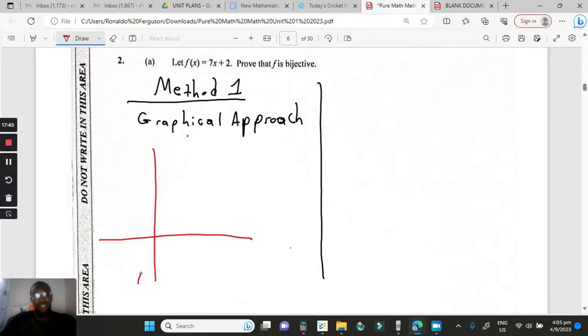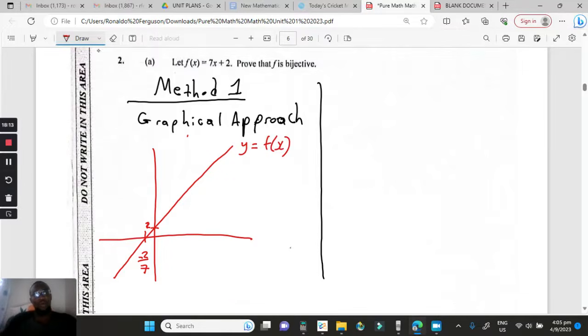So something like this. This is our 7. Since it's a sketch, let me make it less drawn to scale. So this right here is our negative 2 over 7. This right here is our plus 2. And this is the graph of y equal to f of x.